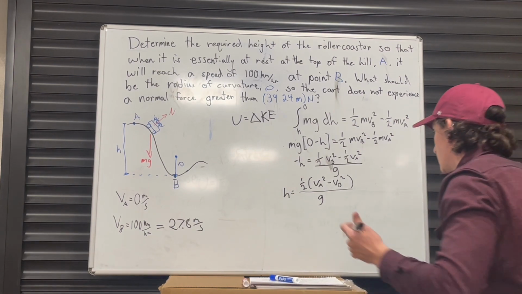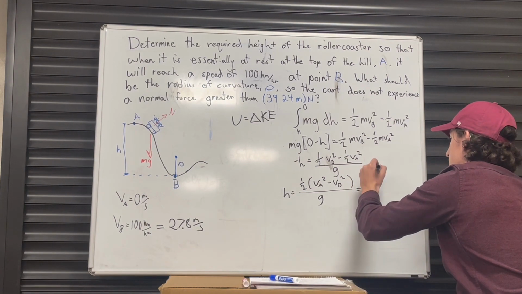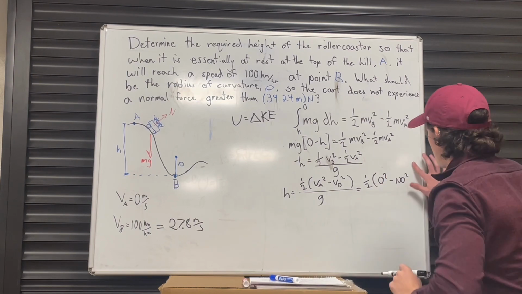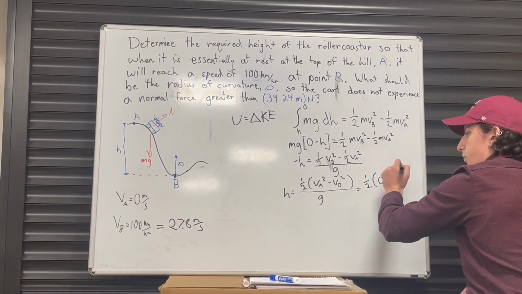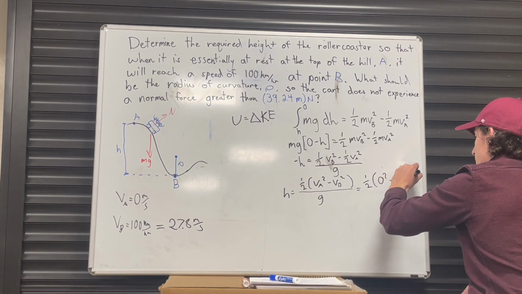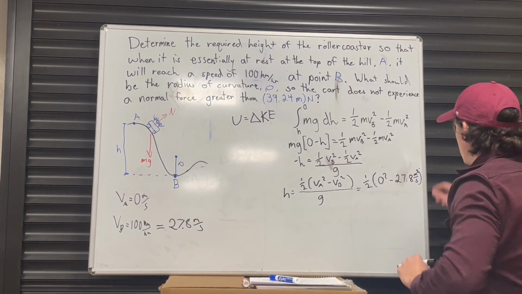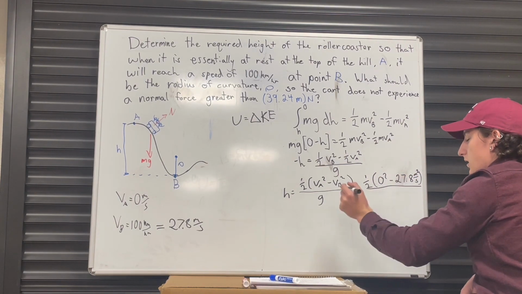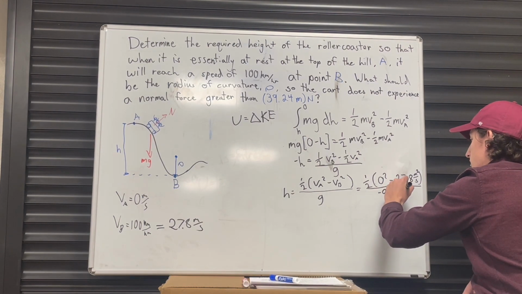And then plugging in values, we will get 1/2 times 0 squared minus, sorry, not 100, 27.8 meters per second squared, over negative 9.81 meters per second squared.